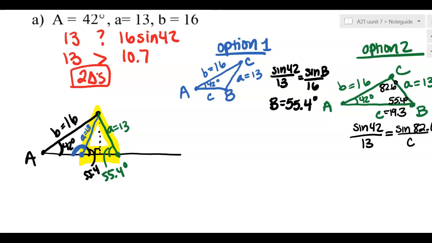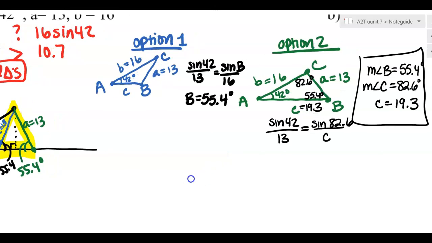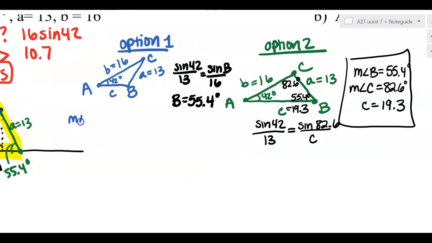So every time I find acute angle B, its supplement will give me the obtuse angle B. Okay, so to find angle B over here, I'm going to do 180 minus 55.4. Okay, and that gives me 124.6, right? Check my arithmetic if I'm wrong.